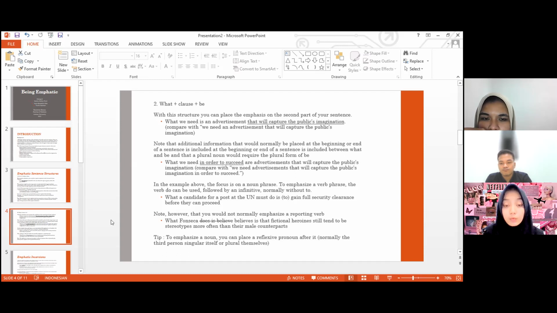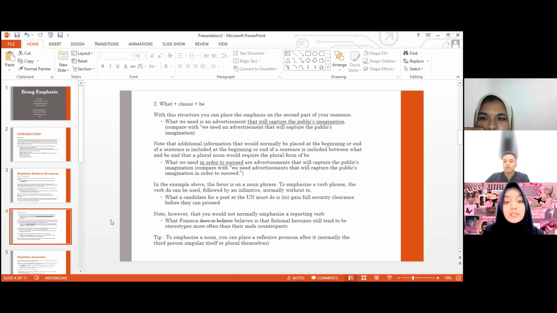Note, however, that you would not normally emphasize a reporting verb. The example: what Fonseca believes is that fictional heroines still tend to be stereotyped more often than their male counterparts. Tips.